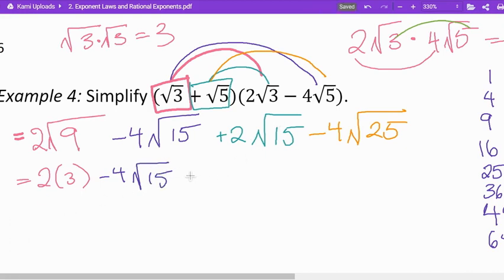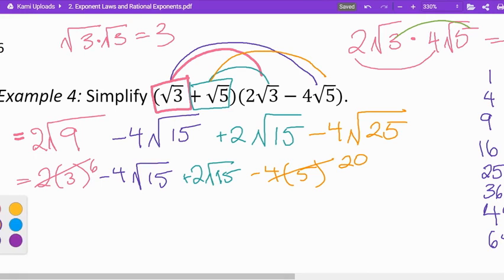And then the 2 root 15, we could have added them by now, right? Okay, and then the last term, root 25, is just 5. Good. Okay. So I'm going to, 2 times 3 is 6. 4 times 5 is 20. Let's just write the final form.